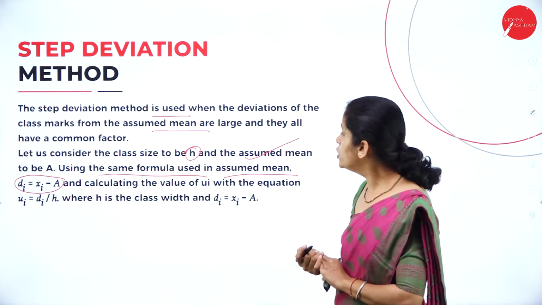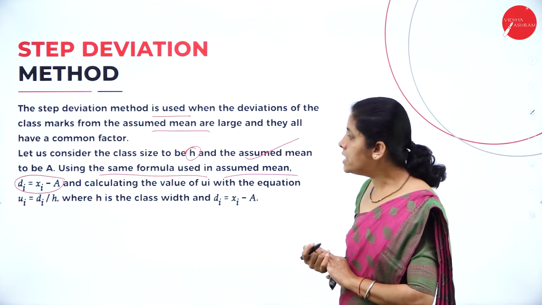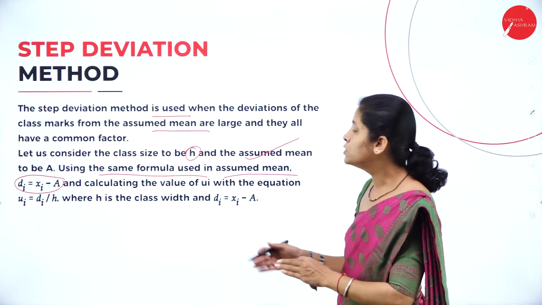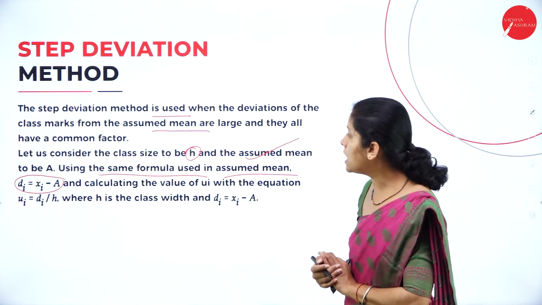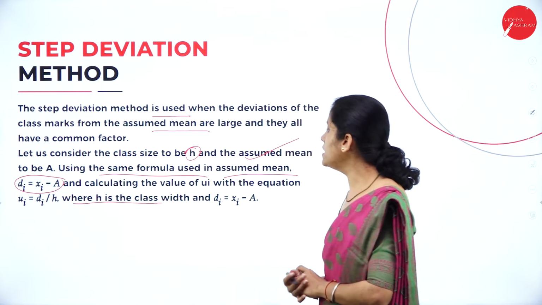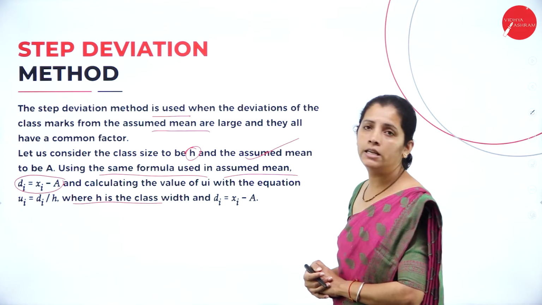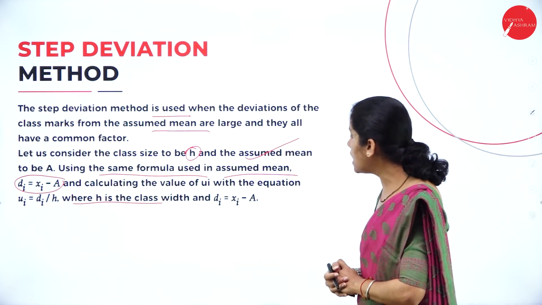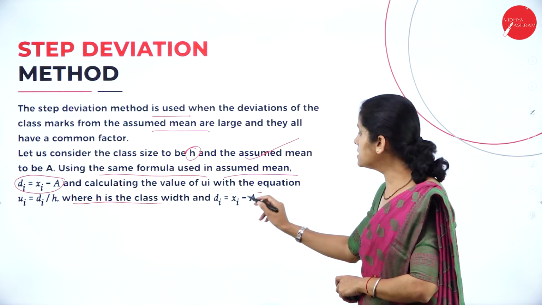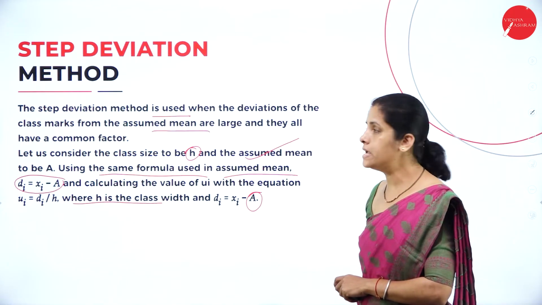So here, ui equal to di divided by h, where h is nothing but the class size, the width, and di is nothing but xi minus A, where A is the assumed mean.